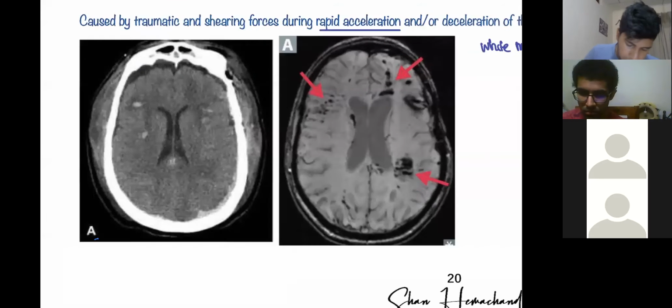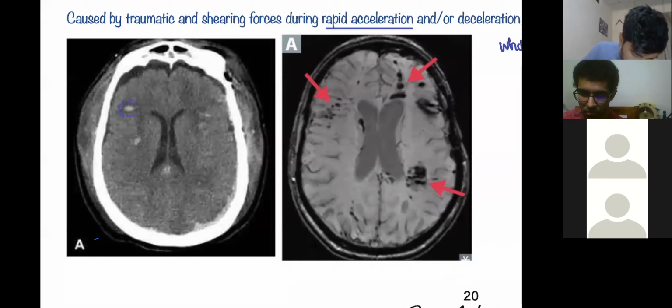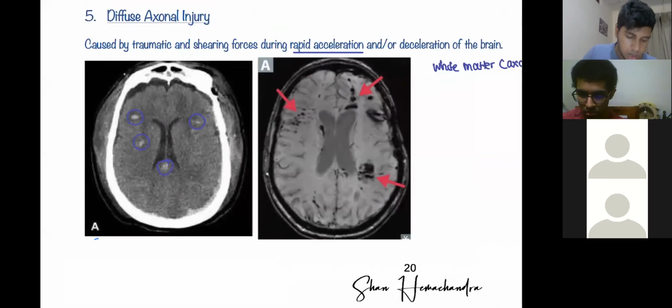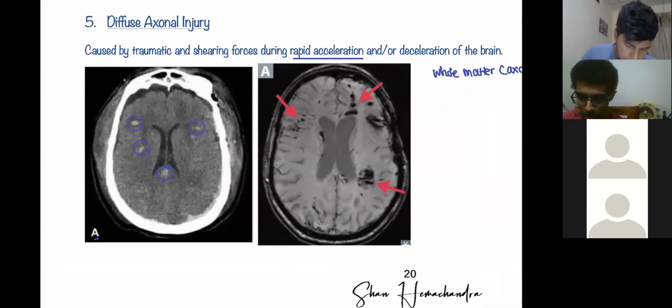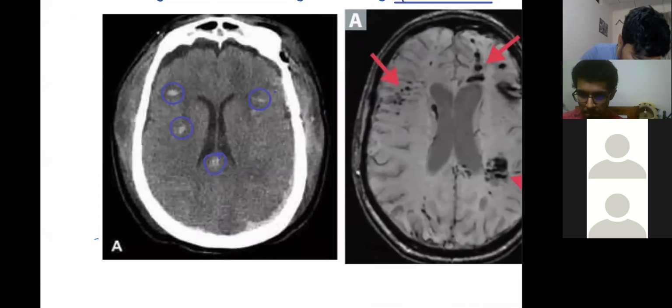And on a CT and MRI, you will see this is also bleeding. Okay, think of it like this. The veins that go... no, let me give you the break. I don't want to confuse you guys.